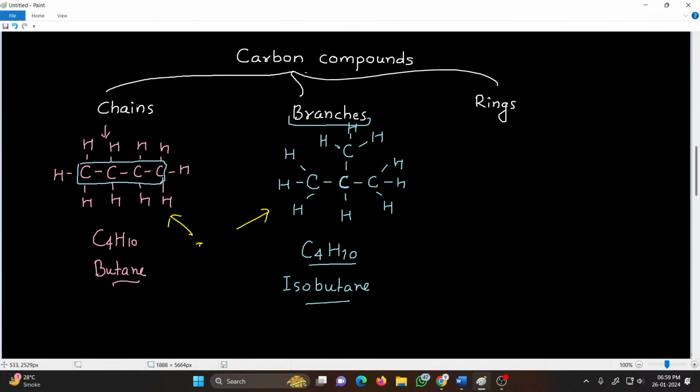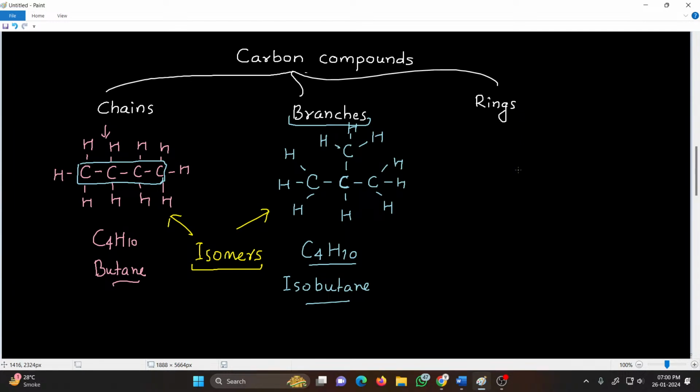These two compounds are structural isomers. That means they have the same chemical formula but different chemical structures.